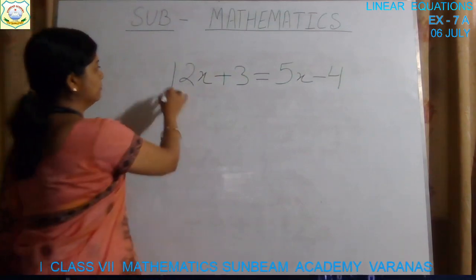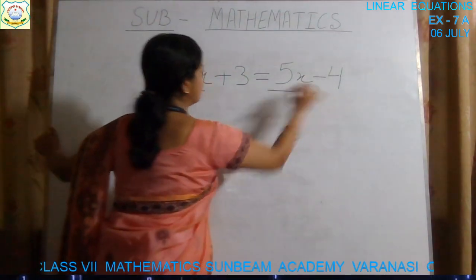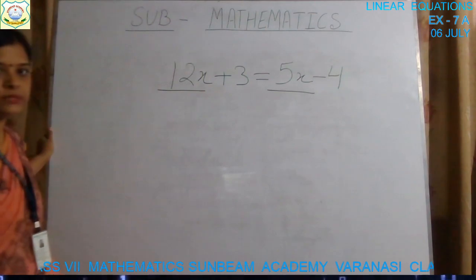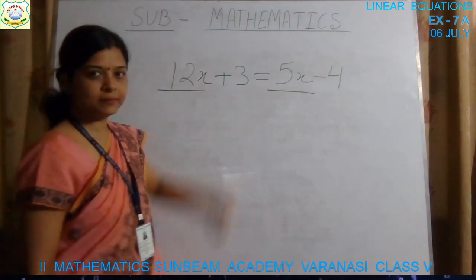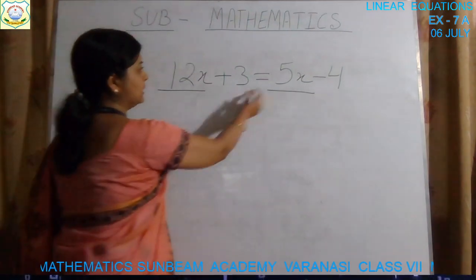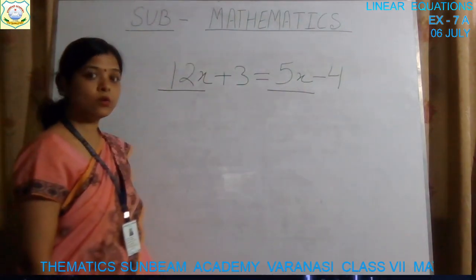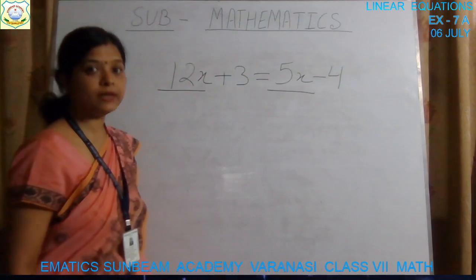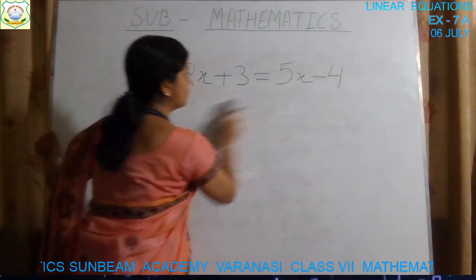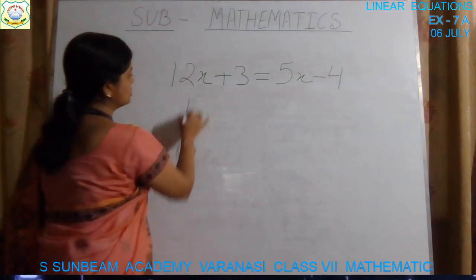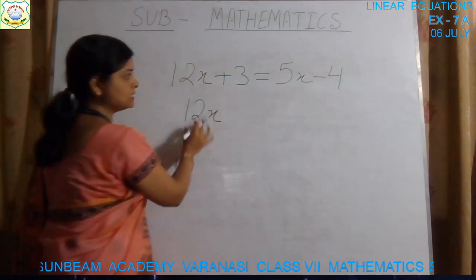We have these two as variable terms, 12x and 5x. And 3 and minus 4 are the constant terms. So separate the variable terms on one side and the constant terms on the other side. So 12x is already on this side.